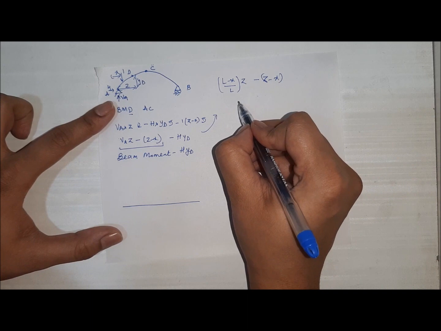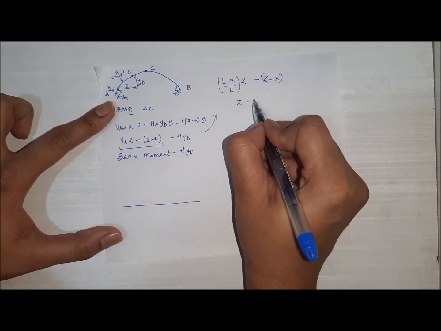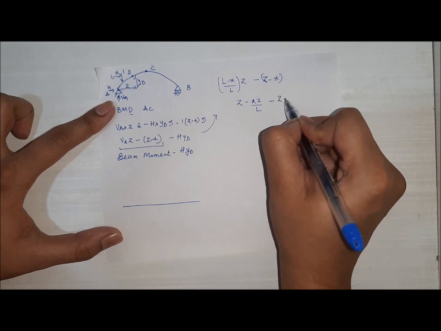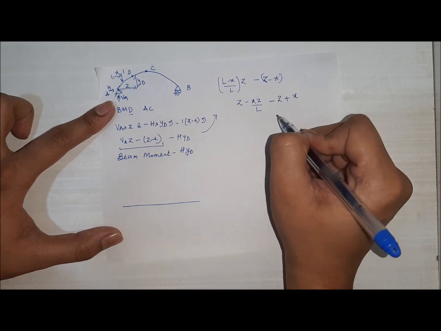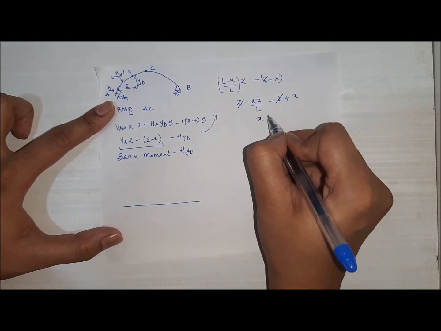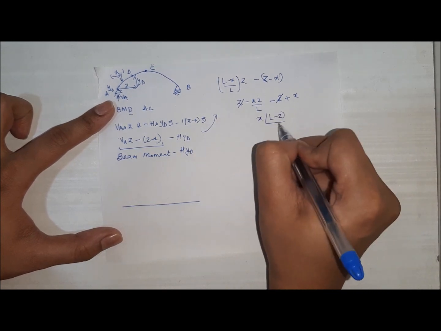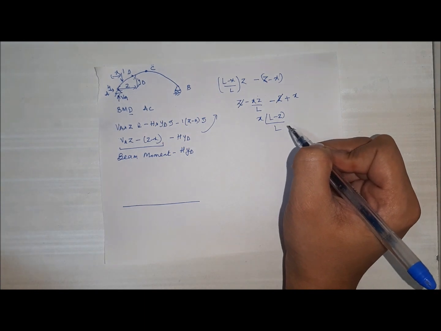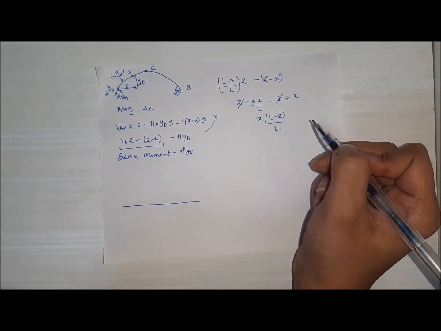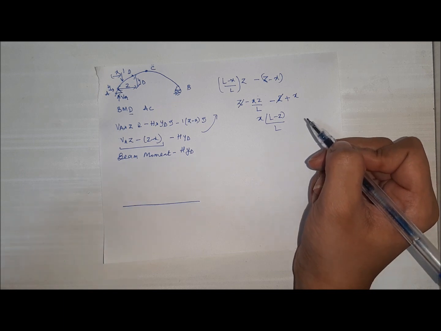We will reopen the term. So we are getting Z minus xZ by L minus Z plus x. Z gets cancelled and we are left with x into (L minus Z) by L. Okay. I think I am very much clear up to this point.